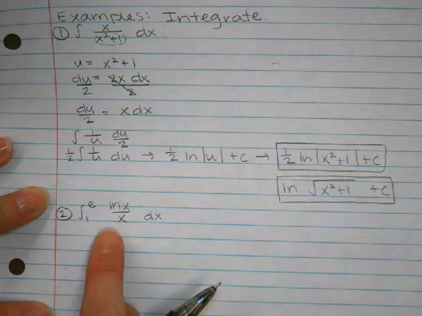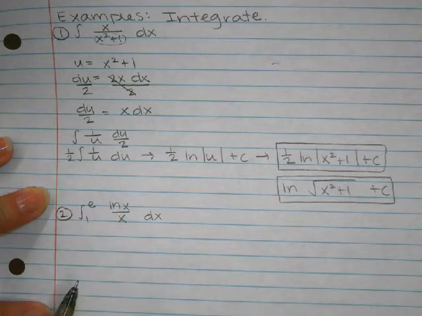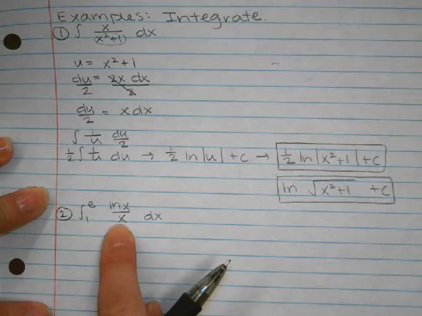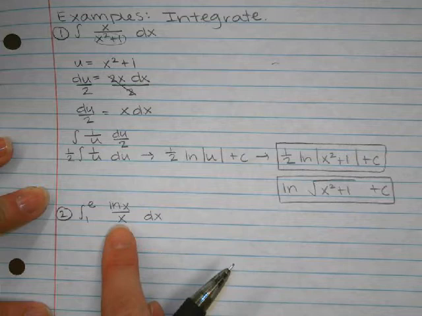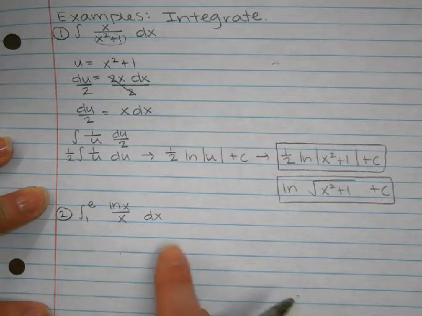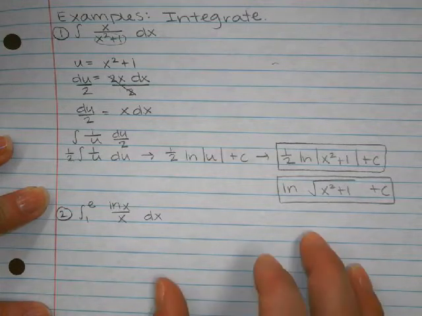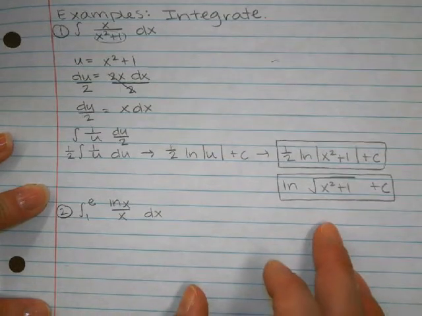So I could think of the inside function as ln x. I could think of the inside function as like a 1 divided by x. I could think of the inside function as just the x on the bottom. But however I think of it, I have to make sure that some sort of the derivative is present in the problem. And the more problems you do, the better you'll get at this.